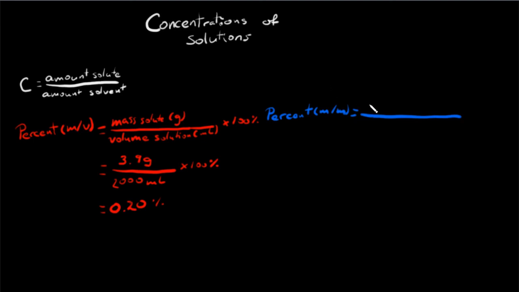For percent mass, we again have the mass of the solute in grams and the mass of the entire solution in grams as well. And just like before, we're going to multiply it by 100%. An example here would be something like a gold necklace.